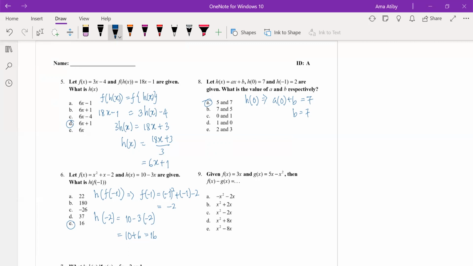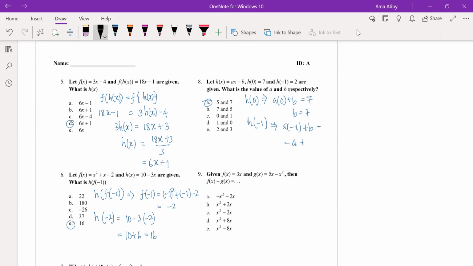Or if you want to complete the solution, you can continue to h of negative 1. h of negative 1 is equal to a times negative 1 plus b, which equals 2, not 7, sorry for this one. So it is equal to 2.